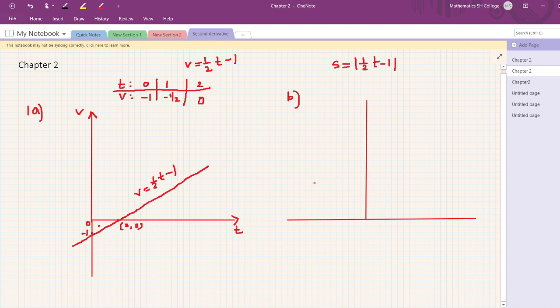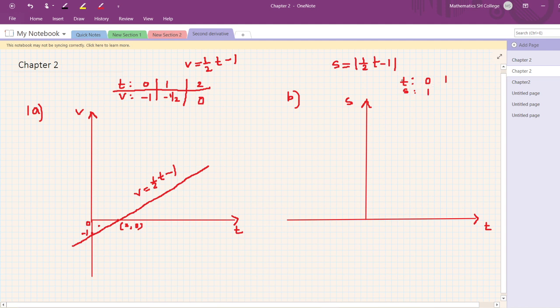So speed we can plot in the same way. For the positive parts it will be the same. So I will plot T and S. Here I have T and here I have speed S. When t equal to 0, S is modulus of minus 1, so it is 1.